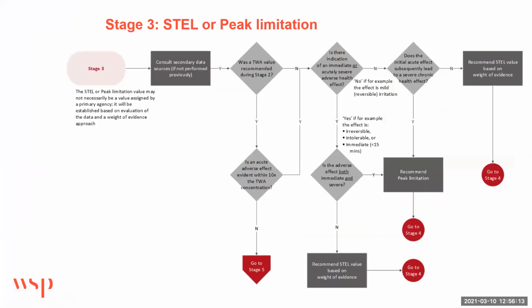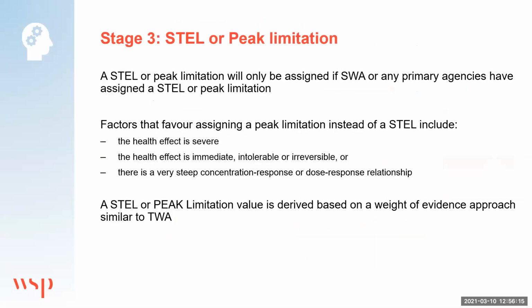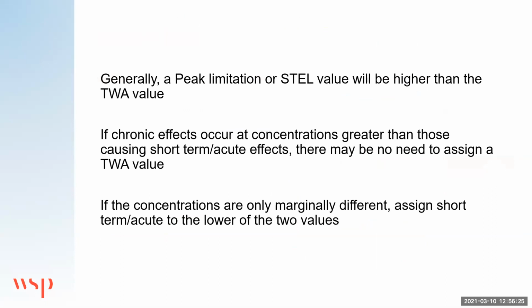Again, a flow chart. There were certain factors that we would use to favor a peak over a STEL. I won't go into that for too long because I realize we're running out of time fast here. But generally, the peak limitation or STEL value will be higher than the TWA.